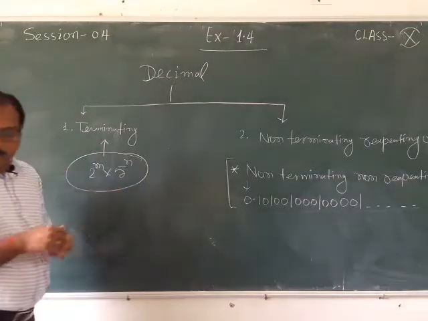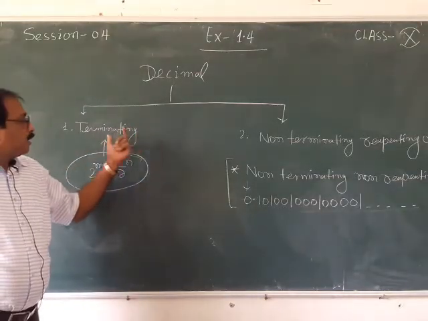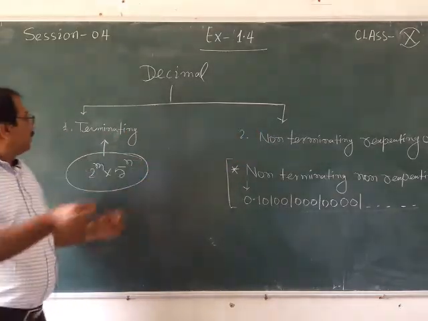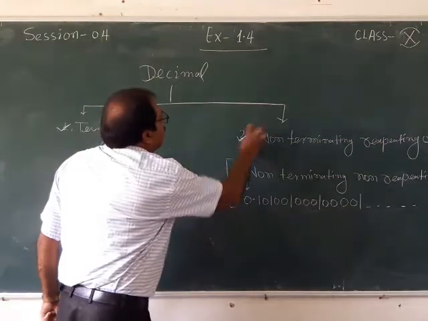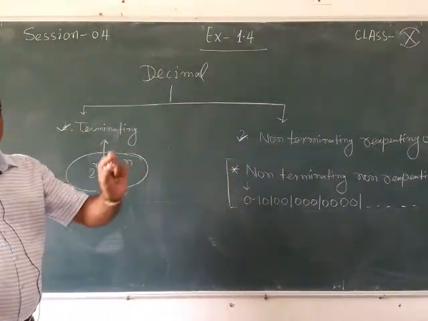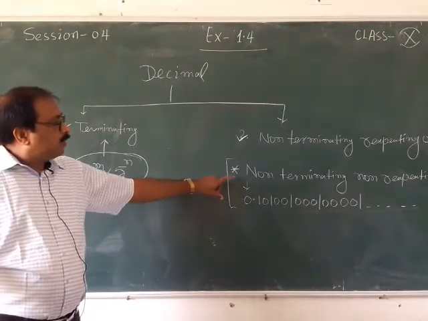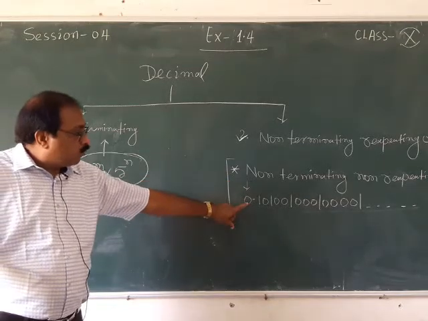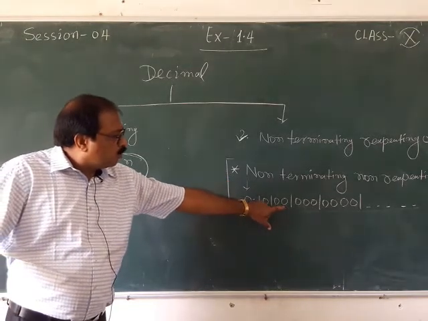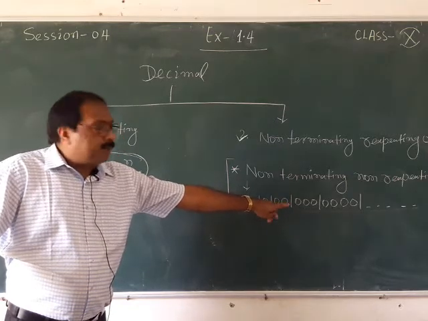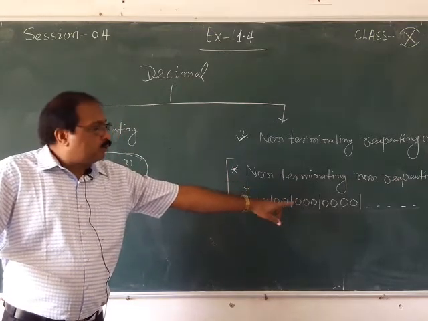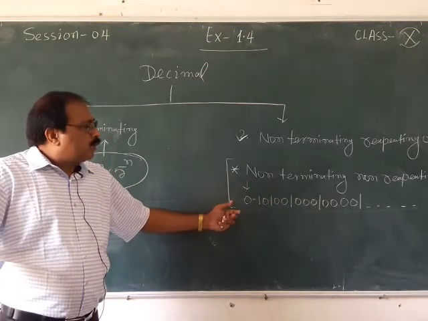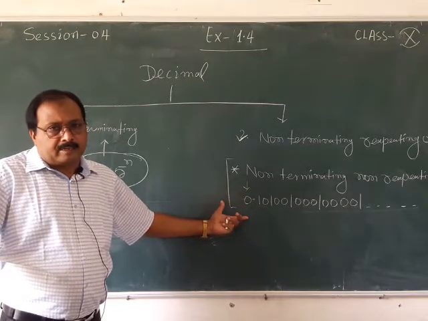The third type of decimal I am talking about today, non-terminating non-repeating, has a form like 0.101001, then again 000, then 40, and so on, so you cannot give a recurring sign over there.